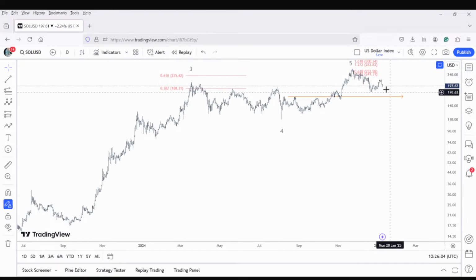And that's why we are cautious, but we are on the long side for now. All right, all three charts. So the target for Solana could be somewhere around the 280 or 300 mark. Bottom line, prices should stay above 175.